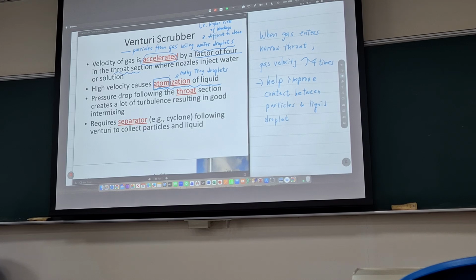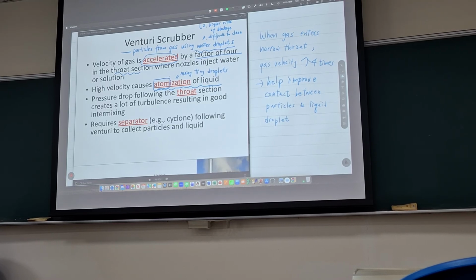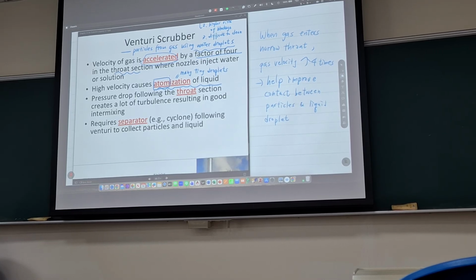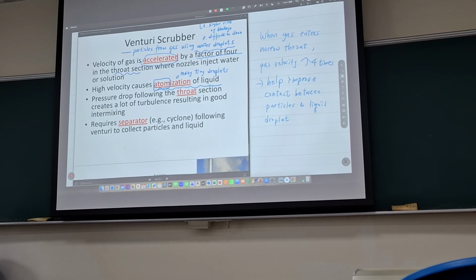The higher speed is going to break down the liquid into many very small droplets.